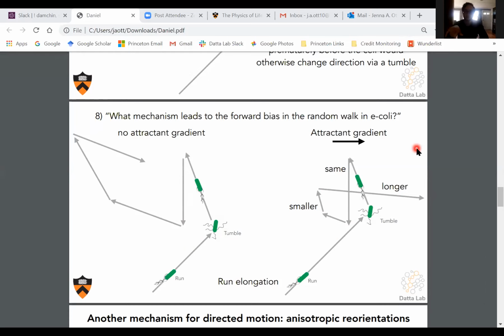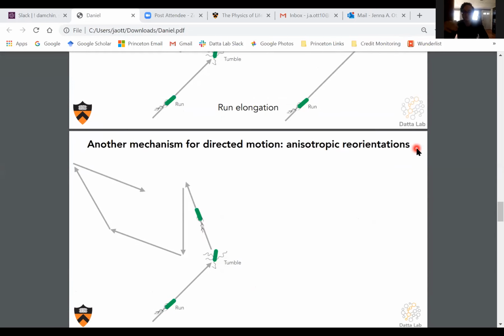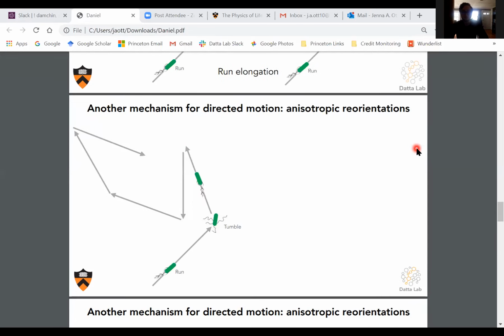The shortening of runs has been observed down an attracting gradient in this Saragosti paper that I will reference again in a minute. So that's the main way that cells generate biased motion, is they change how long they spend moving in one direction.